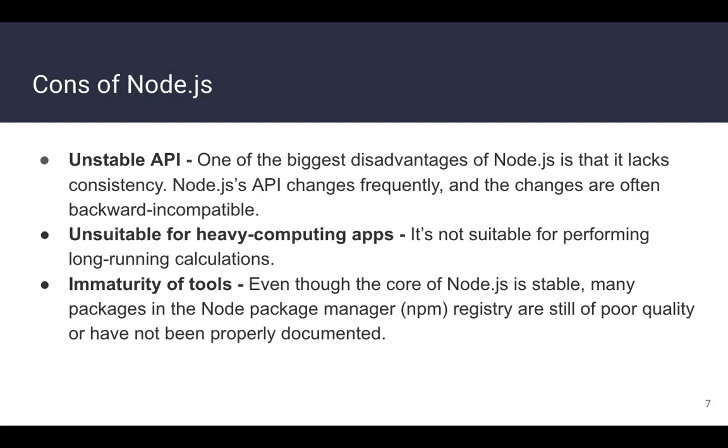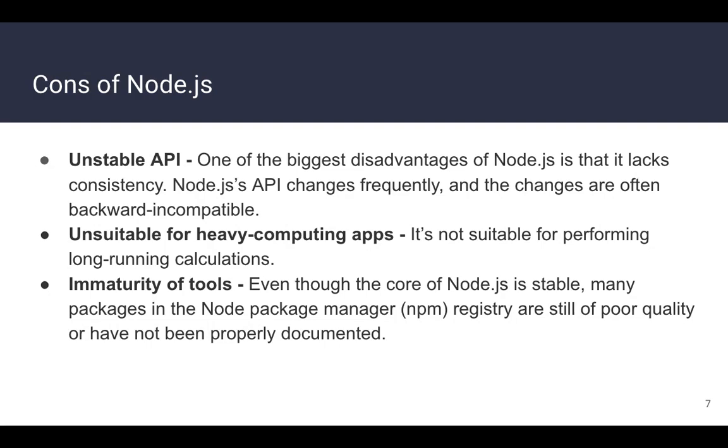All right, so there are a few advantages as well. Even though there are a lot of good advantages, there are some disadvantages that might stop you from using Node.js in your next application development.